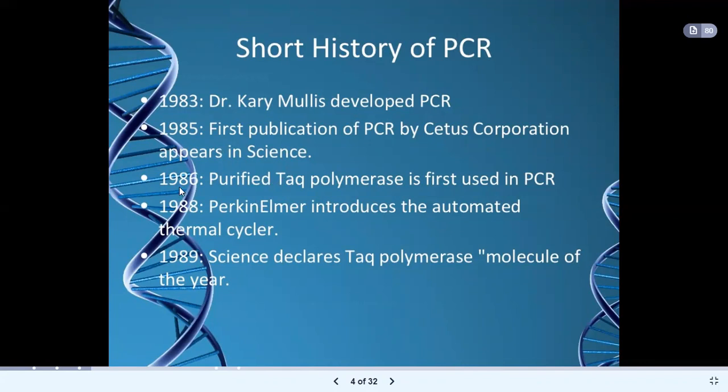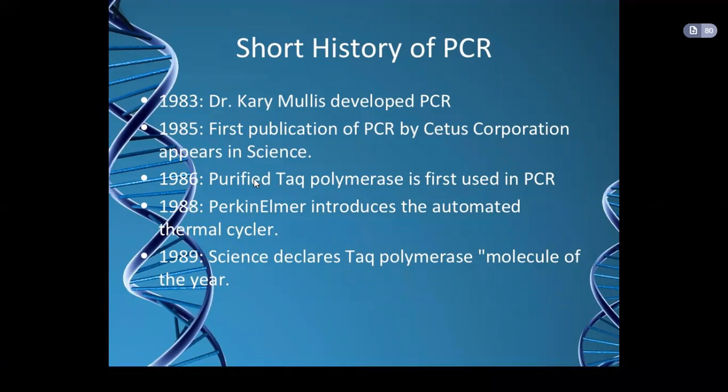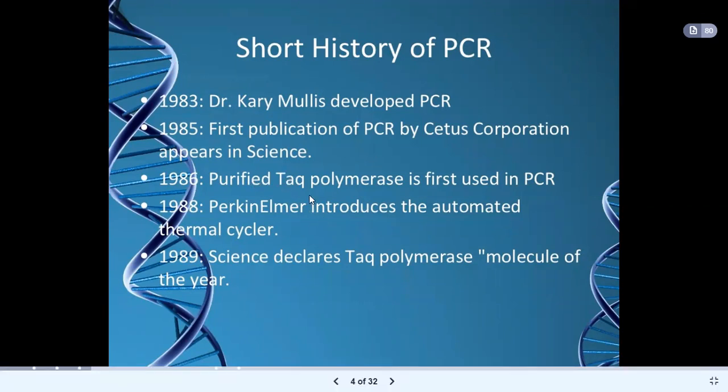Then in 1986, in the PCR technique, a purified Taq polymerase was used, from Thermus aquaticus, which is a bacterium, and that bacterium has that important enzyme, polymerase, which is used for the PCR technique.